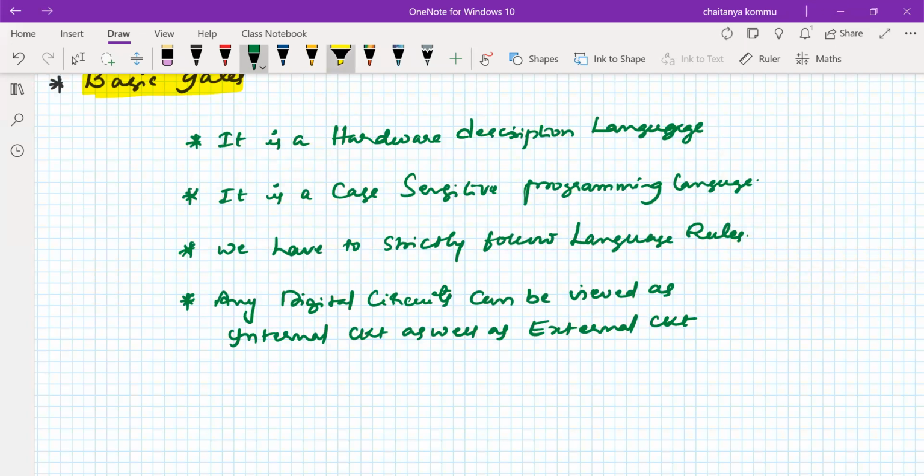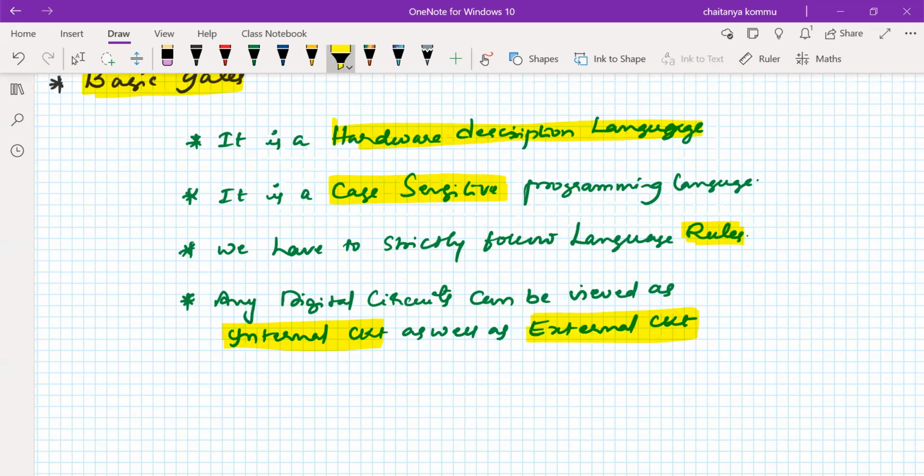Very important to note this. As we know, it's a hardware description language, it's case sensitive, don't forget about it, and you should strictly follow the language rules. And we should understand that any digital circuit can be viewed as an internal as well as an external view. Don't forget these statements.